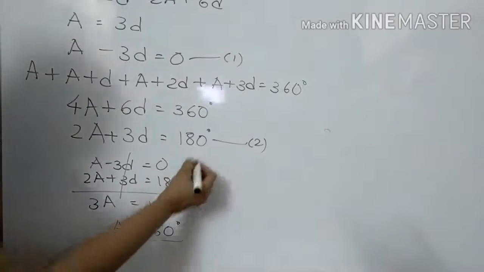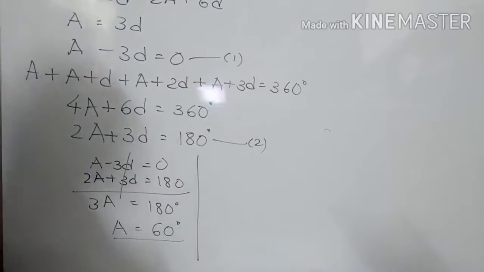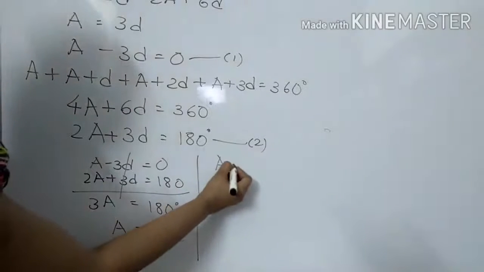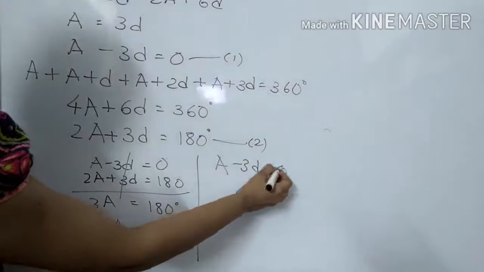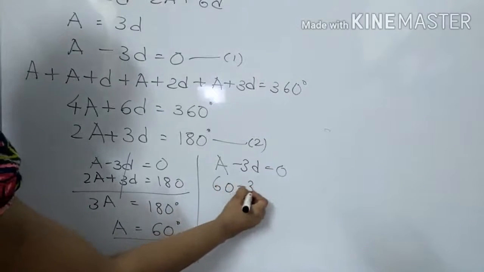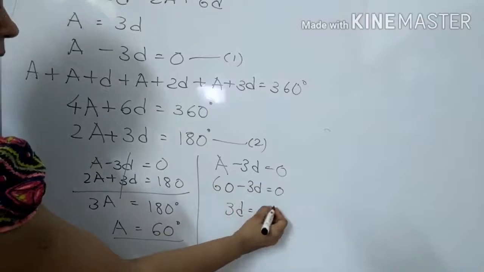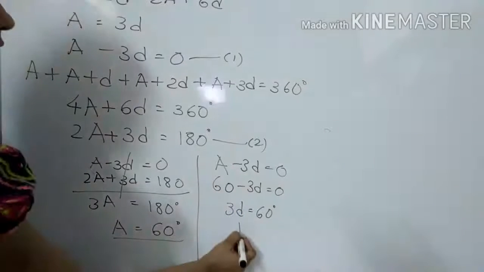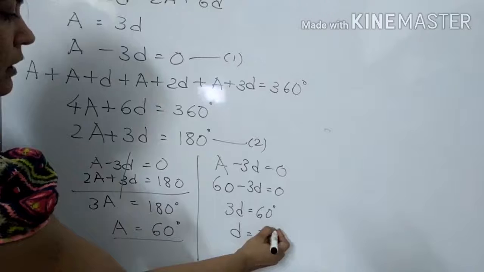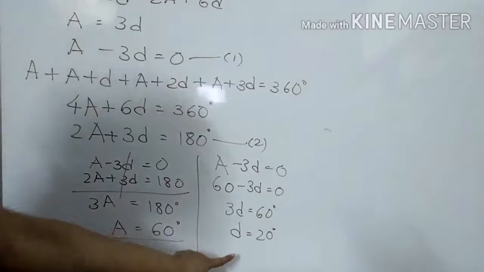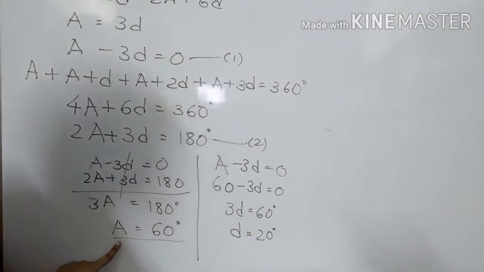Now let us find the value of d, that is the common difference, by substituting this value in equation number 1. So here I am writing equation number 1 again and placing the value 60 here. So 3d is equal to 60 degrees. So here I get d value 20 degrees. So we've got both a as 60 degrees and d as 20 degrees.